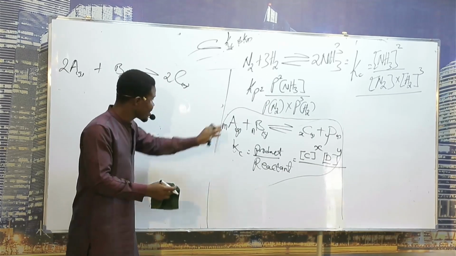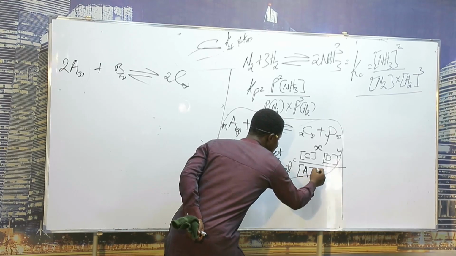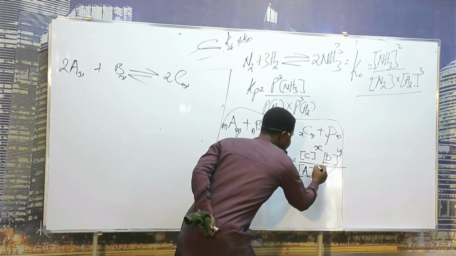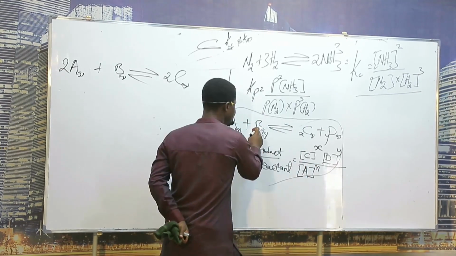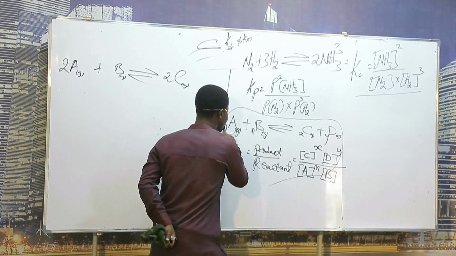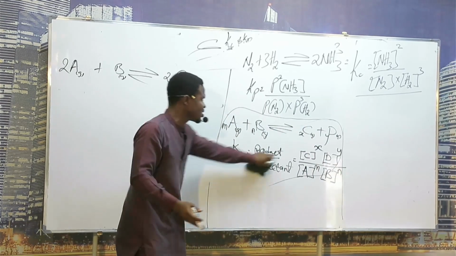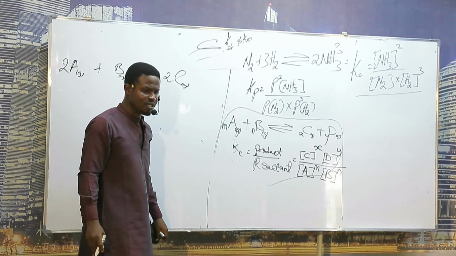What are the reactants? A and B. So A, I will raise it to what? M. B, I will raise it to what? To N. So I'll finish. This is the Kc expression for the equilibrium constant.